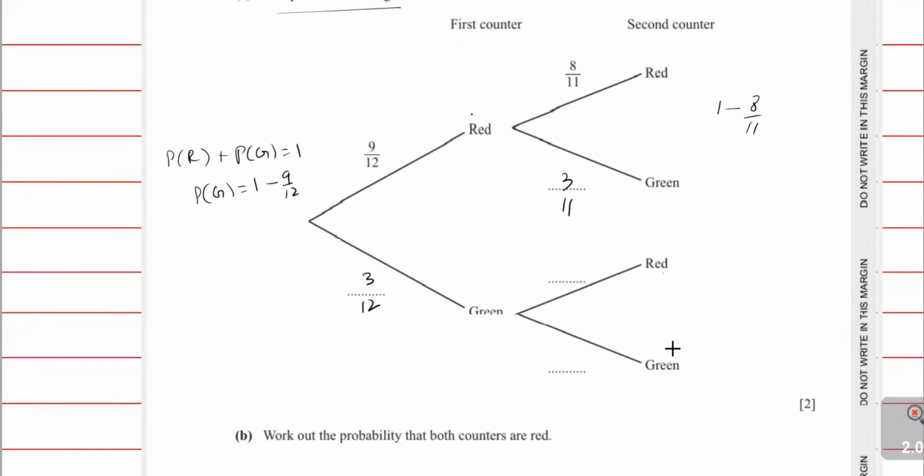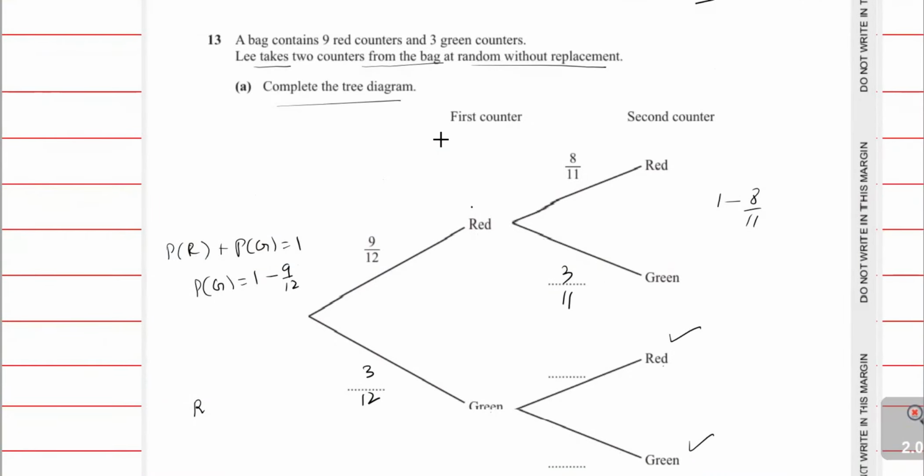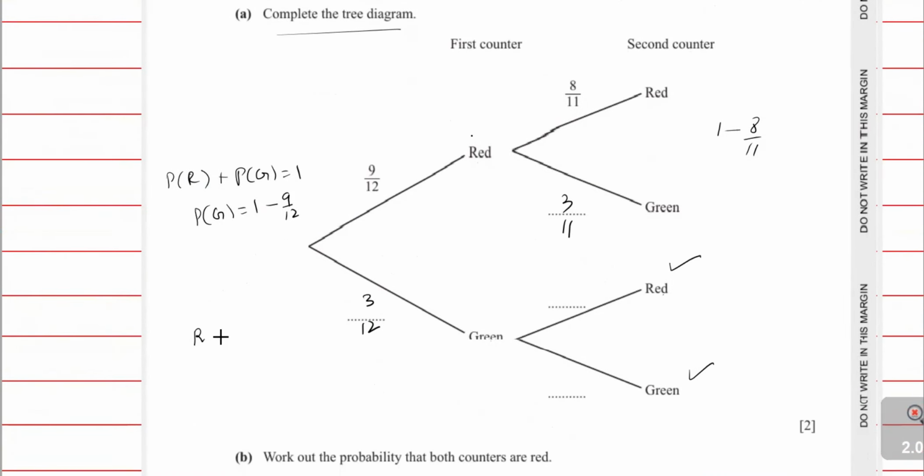And the next probability of the second counter, red and green, we can calculate. Here the number of counters when we take the first counter: the red counters are 9 and the green counters are 3. The total counters become 12. Therefore, the probability of green here is 3 over 12.